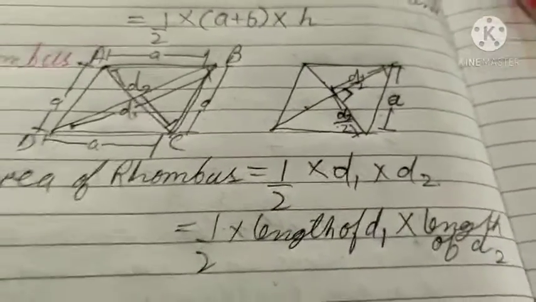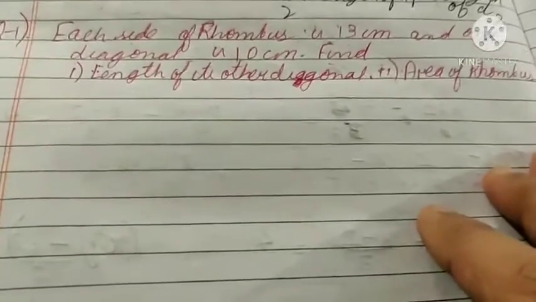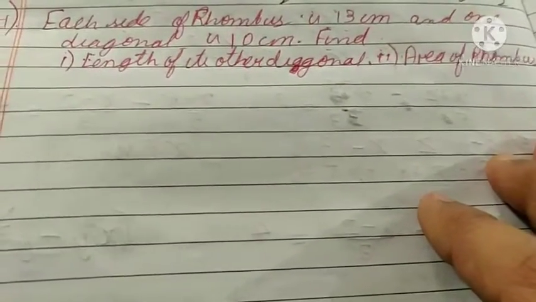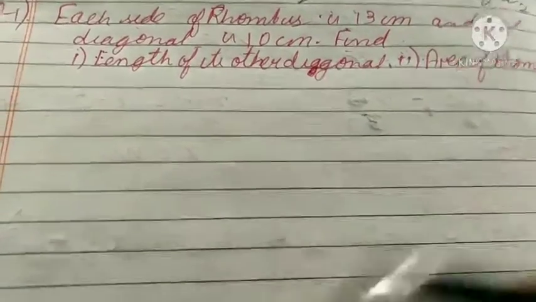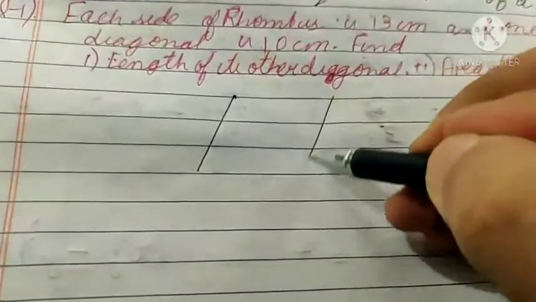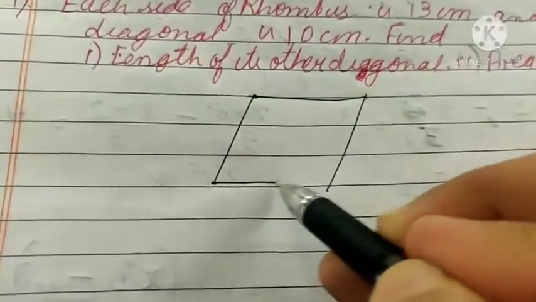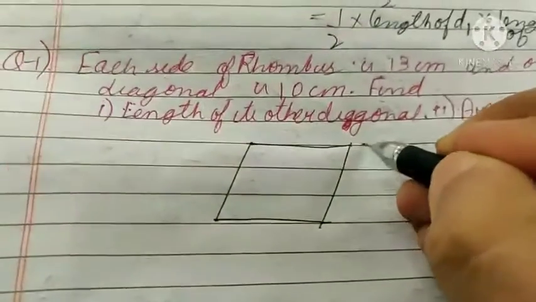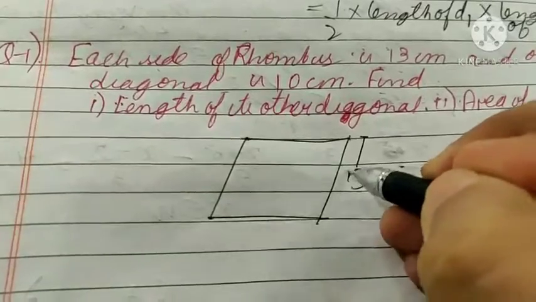Okay, so moving to our first question. The first question of the exercise says that each side of a rhombus is 13 centimeter, one of its diagonals is 10 centimeter. Find the length of the other diagonal. So if this is the figure, each length is 13 centimeter.